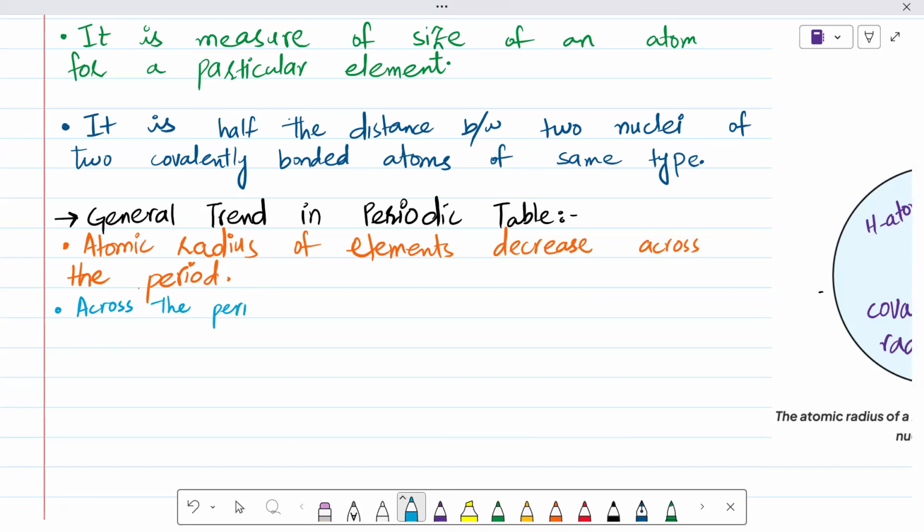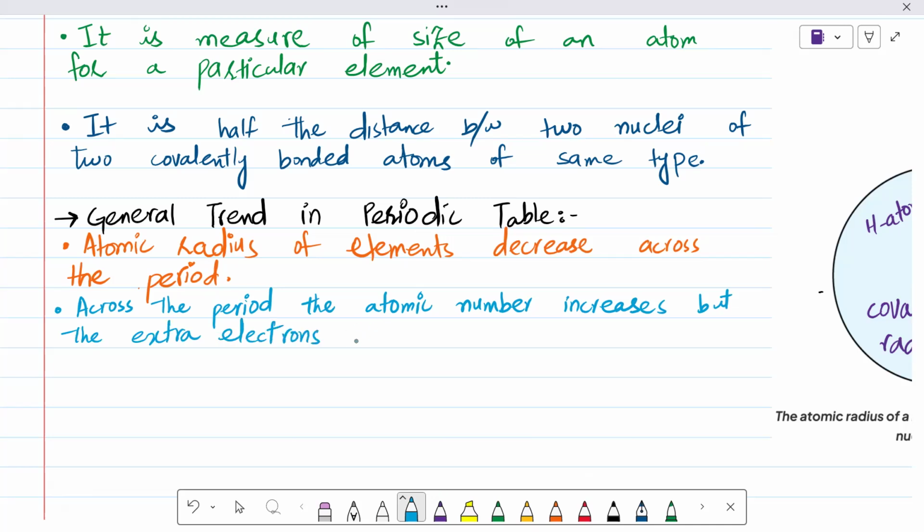Across the period, the atomic number increases, but the extra electrons will be added up in the same shell.